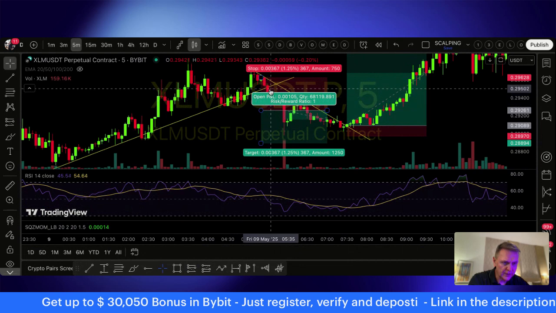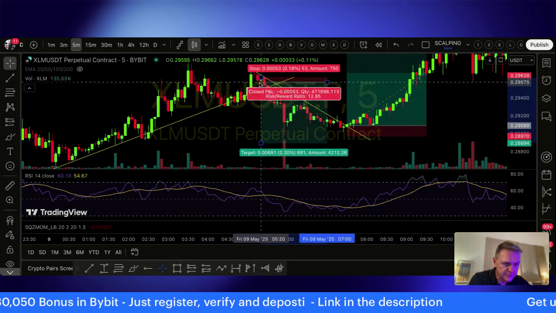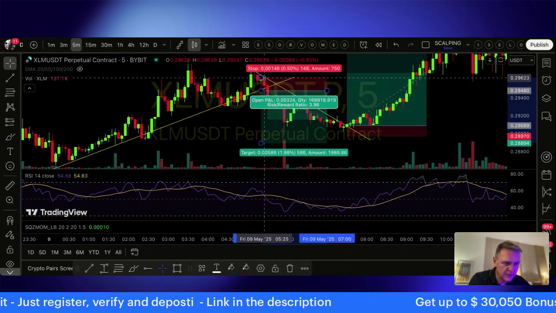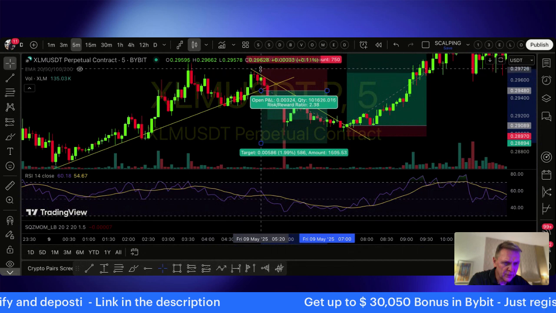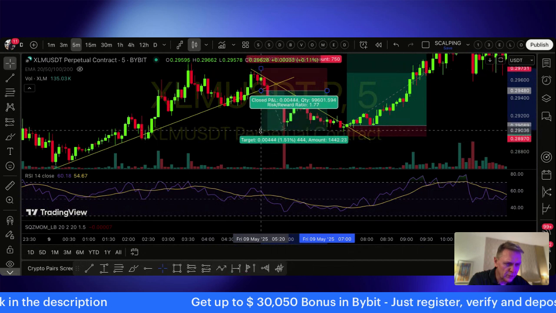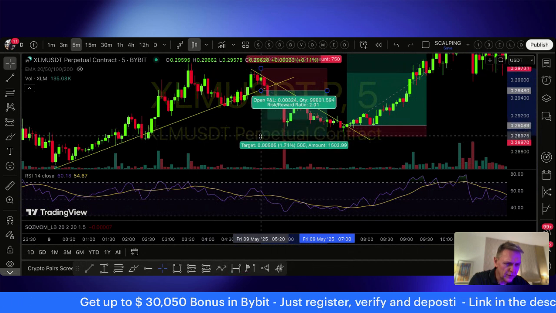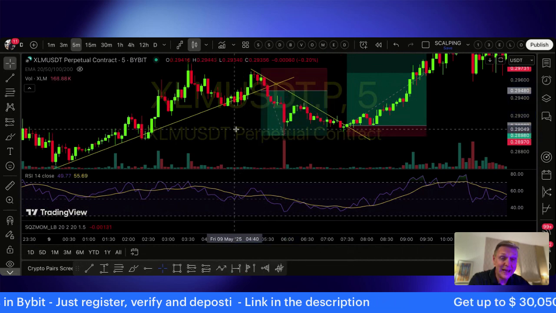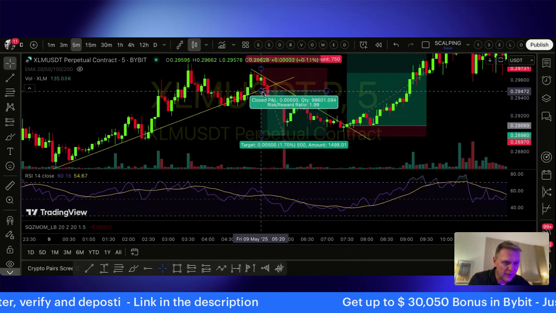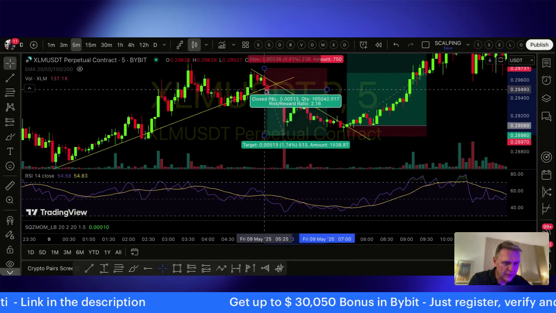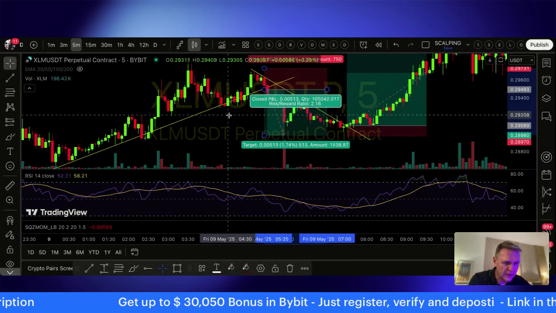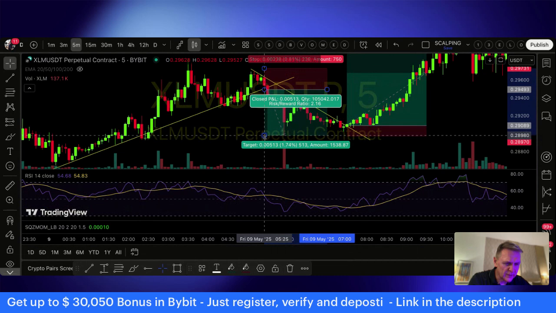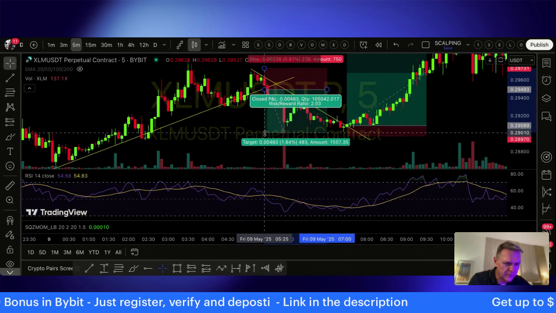So you would enter here somewhere in this place. Put stop loss here and look for a 2-to-1. You would get here your 2-to-1 exactly as predicted. Maybe you would also enter here a little above on the trend line.